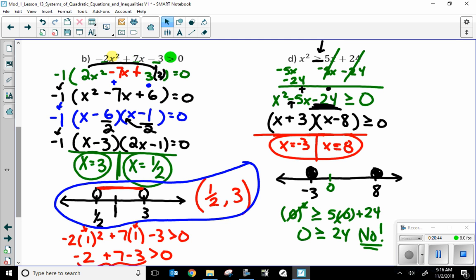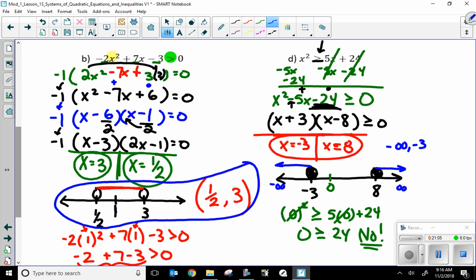No. So my answer is actually going to point to the outside, which is good because now we get to practice writing our interval notation with two intervals. Again, it goes to negative infinity this way, and to the right goes all the way to positive infinity. So I go from negative infinity to -3.